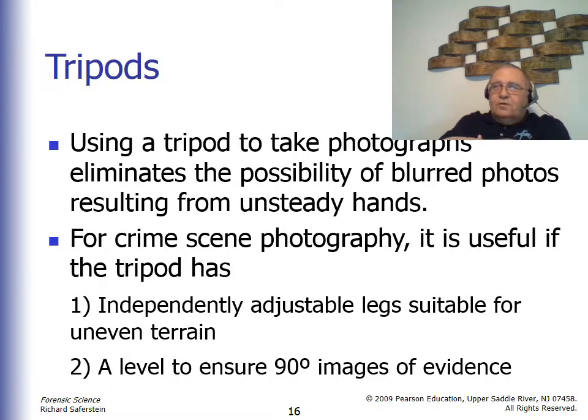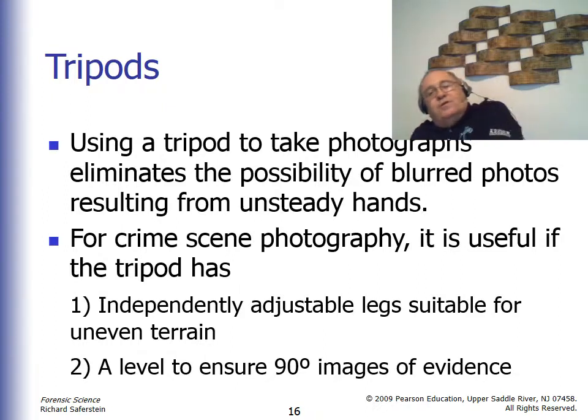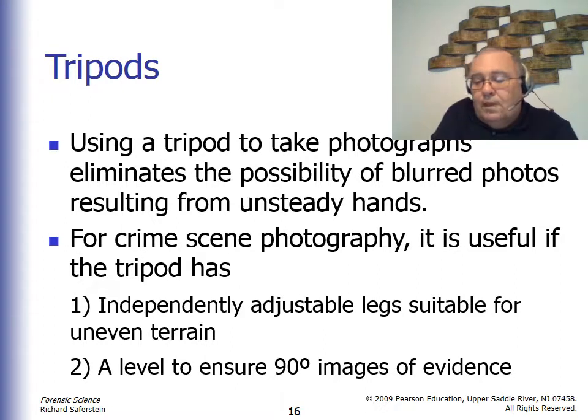Also with shoe prints and tire tracks, you're going to be required to use a tripod to document those photographs, because it eliminates the possibility of blurring, and not everybody has the same ability and control over their hands to maintain something steady enough for a shot that requires no movement.